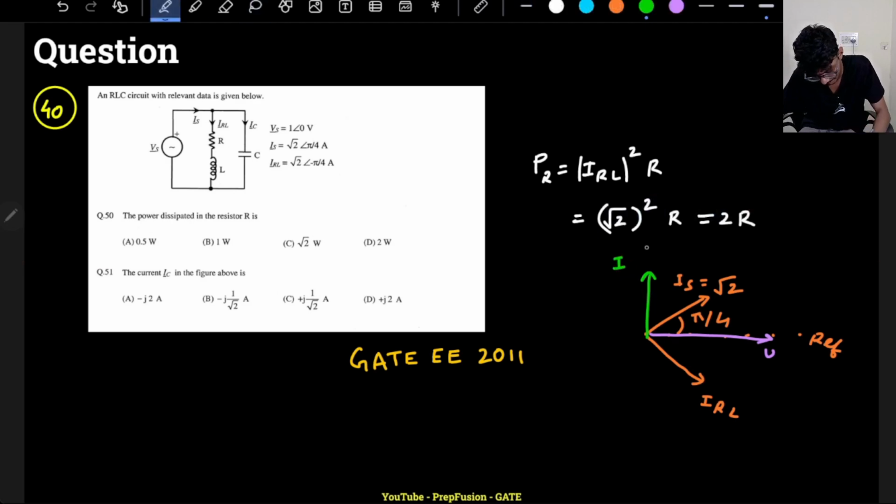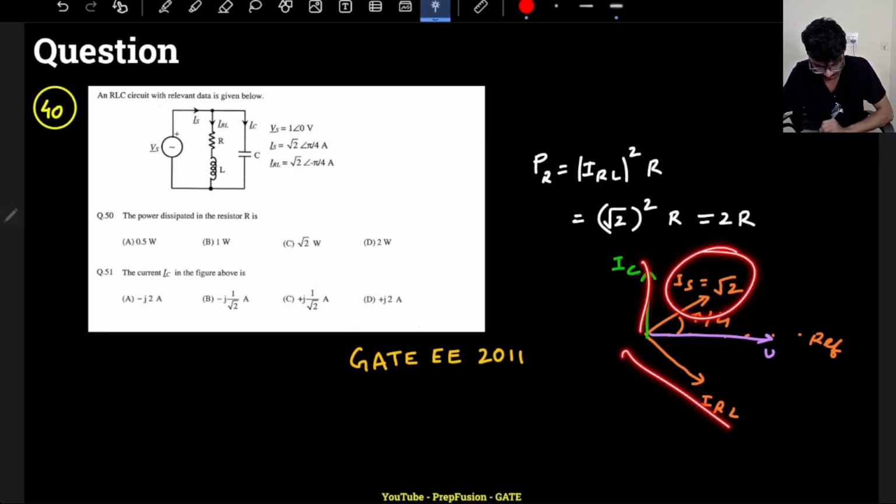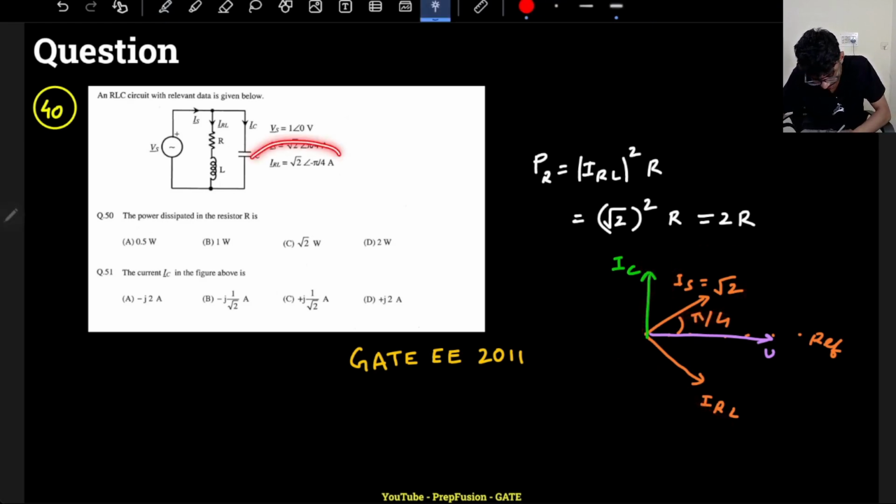Now the interesting fact is basically IC plus IRL will give me this value, right? And IRL is actually just my pi by 4.